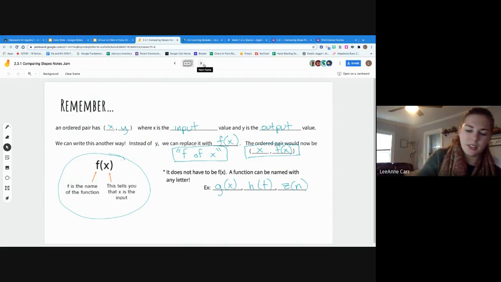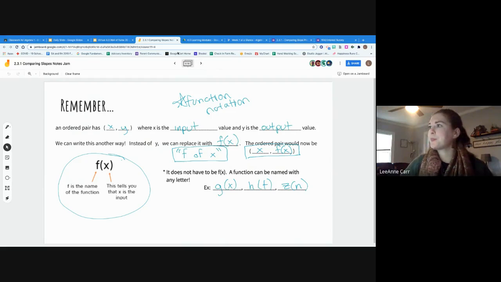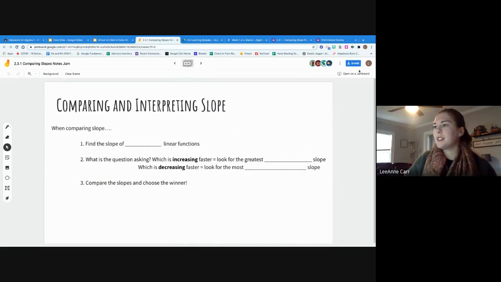All right, so this is what we call function notation. And that's what we're going to use today. So let's put this into practice.